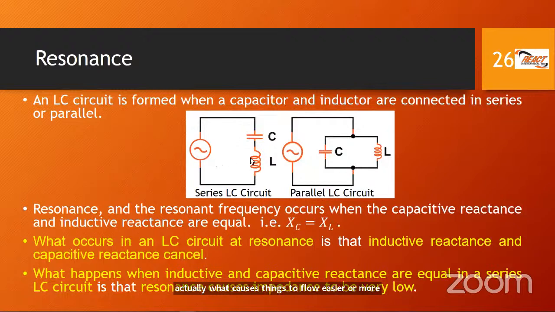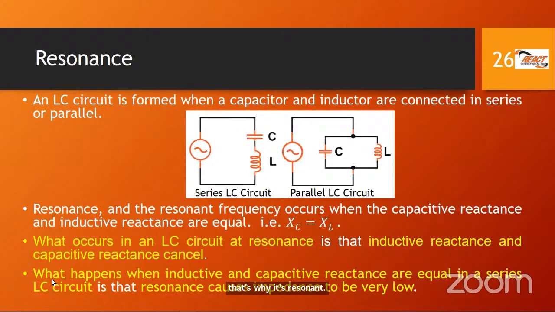When that magic frequency, as I will call it, has arrived or is tuned, you have very good flow because the capacitive reactance and inductive reactance are equal. They cancel each other out, and therefore they allow for a nice smooth flow of the electrons in this circuit, and that's why it's resonant. Right? So resonance is a good thing.